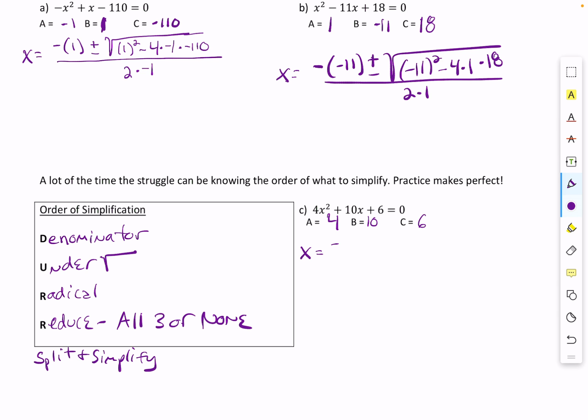X equals negative B plus or minus square root B squared minus 4 times 4 times 6 all over 2 times 4.